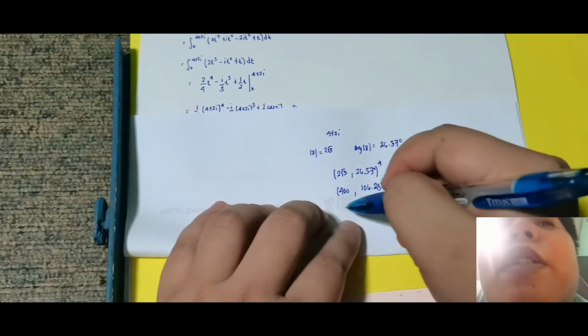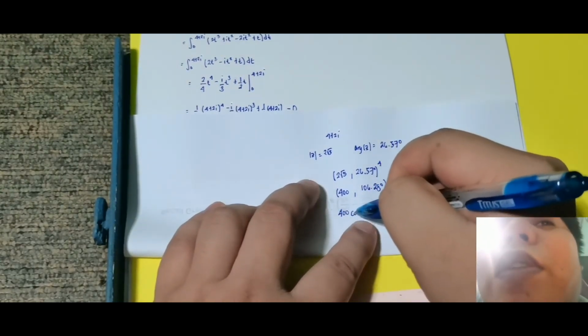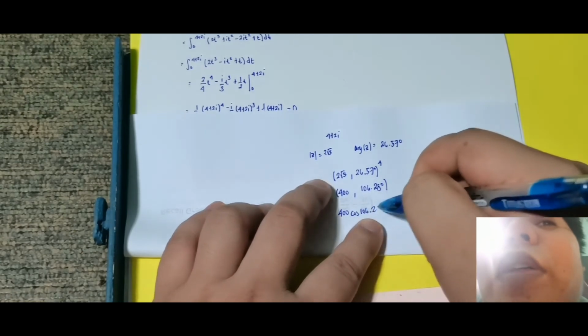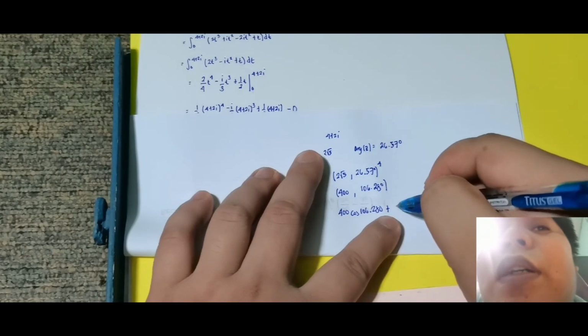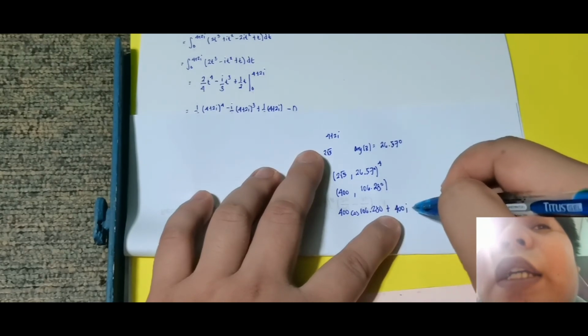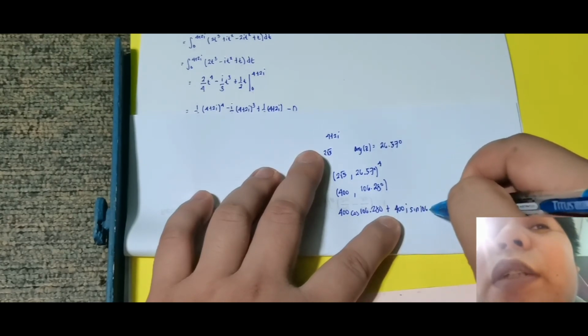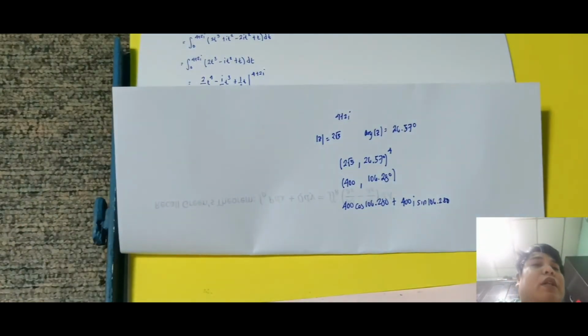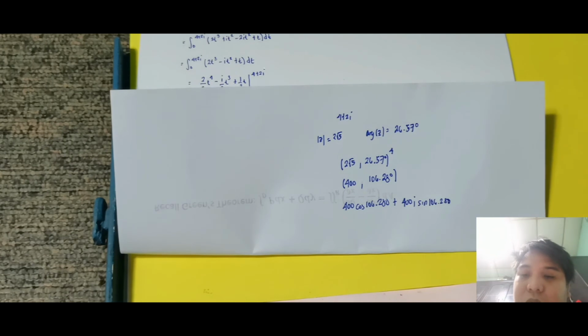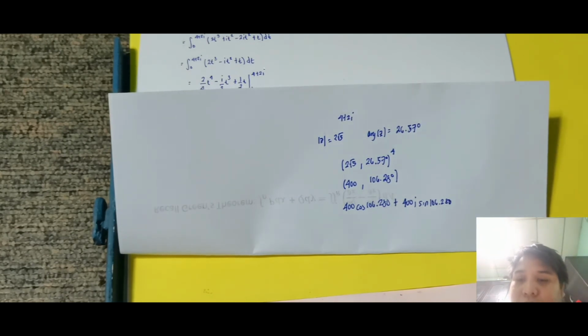So ngayon, pag ginawa ko yan, that is 400 cosine 106.28 degrees plus 400 i sine ng 106.28 degrees. So, ang gagawin ko lang, that's 400 cosine 106.28.